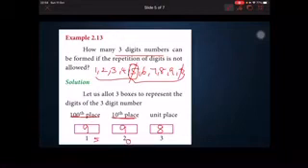So how many 3-digit numbers can be formed? 9 into 9 into 8, that is equal to 648. Okay, can you understand now?